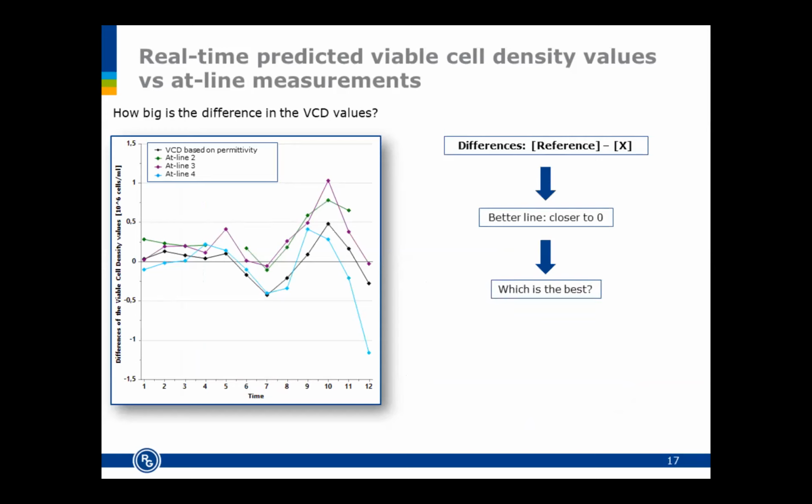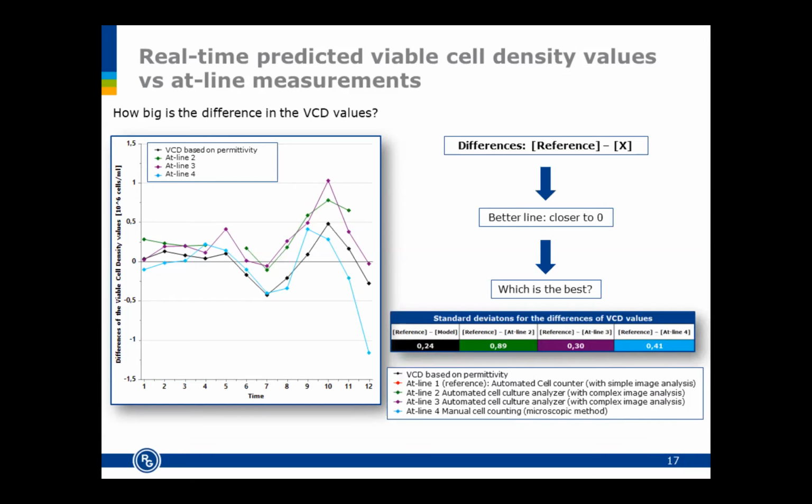In this slide, you can see the differences between the at-line reference measurement and the other different types of measurements. So the result is better if the plotted line is closer to 0. What do you think, which is the best? If your guess was the black line, which is the result of our model, then you are right, because we calculated the standard deviations for the differences as well.